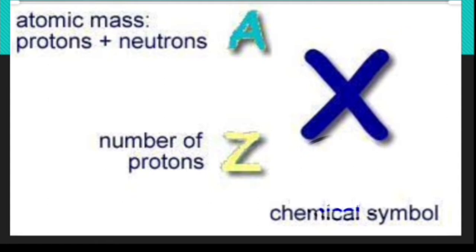Z is the atomic number of the element X. It is defined as the total number of protons present. Hence, it is also known as the proton number. In a neutral atom, the number of protons is always equal to the number of electrons.